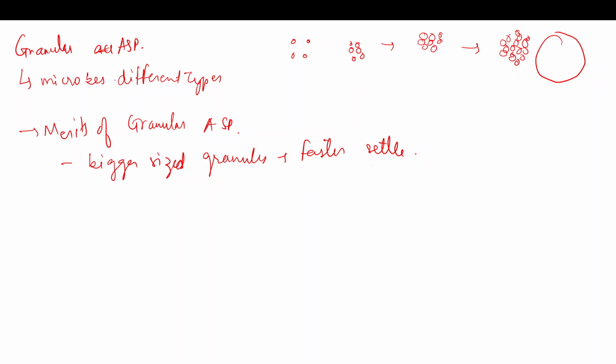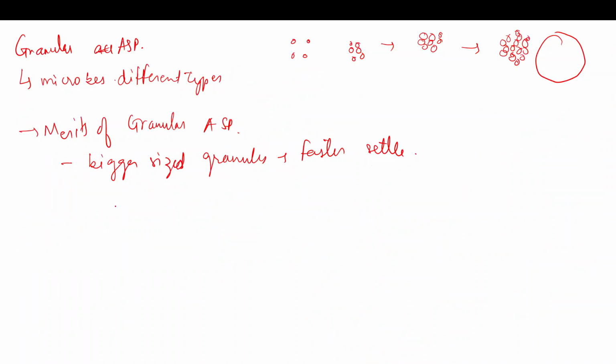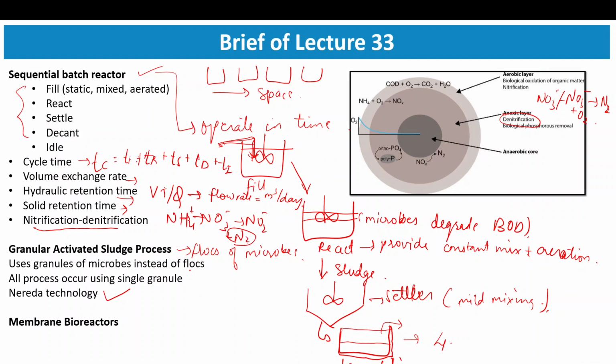There is one well-established technology, which is Nereda technology, where you provide mixing of these granules to allow them to grow. Once you allow it to react, and then allow settling, there will be immediate settling of these particles because they are very dense and have more mass, which results in faster settling.